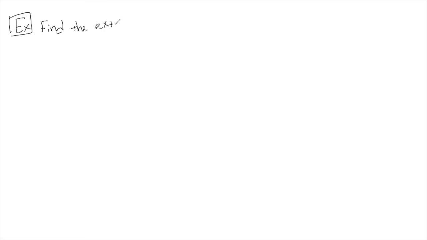So let's do another one where we're finding extrema for the function Q with variables K, L, and that's going to be equal to K squared. I cannot write a K, it's embarrassing. K, it's a little bit better.